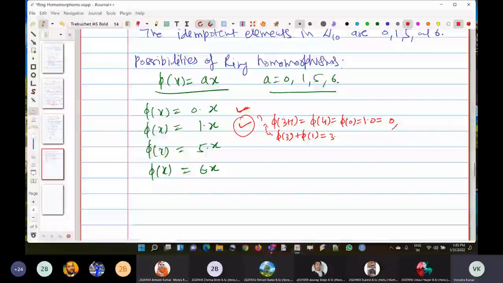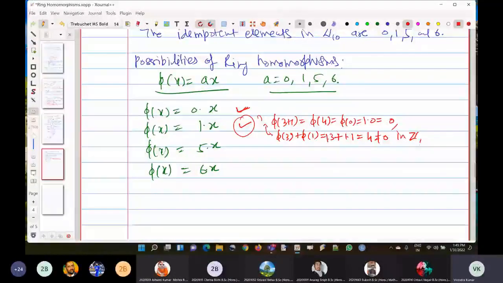Phi of 3 is 1 times 3, plus 1 times 1, which equals 4. And 4 is not 0 in Z10; on the right-hand side we have Z10.